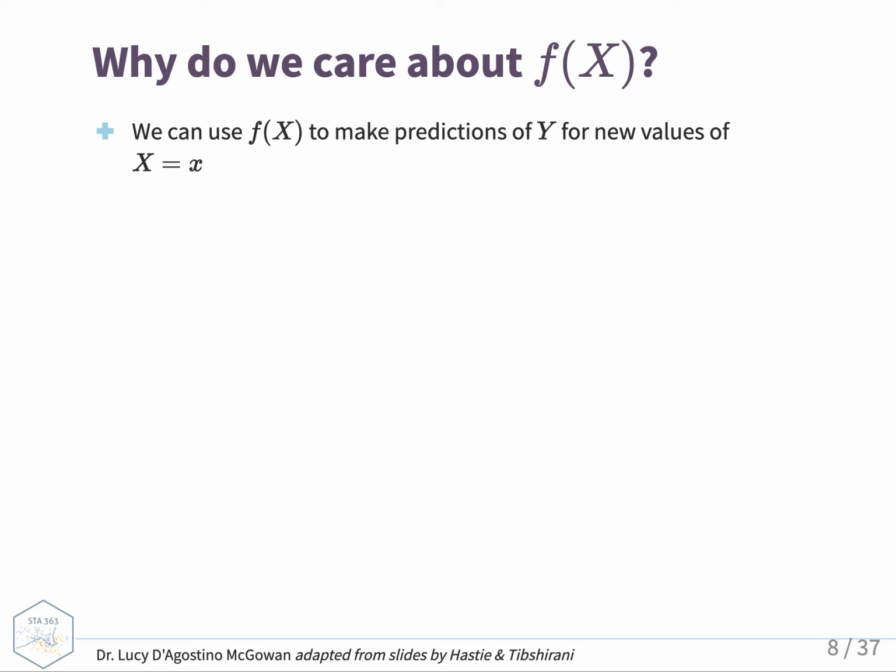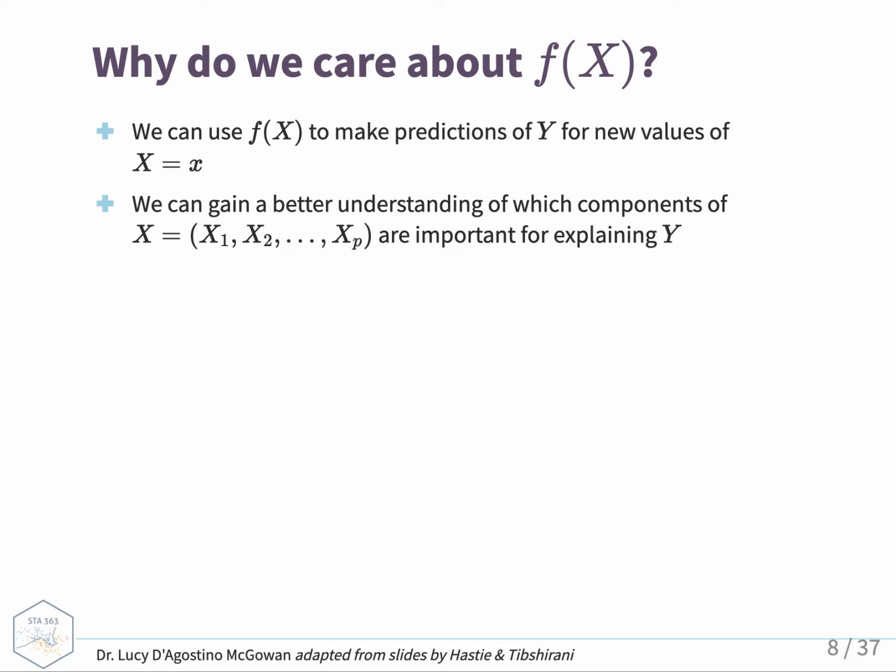So why do we care about f of x? Well, we can use this function of x to make predictions of y for new values of x. For example, if I had a new car and I found out the acceleration of the car along with the other x variables in my model, I could predict the miles per gallon for that car without having to calculate it myself.